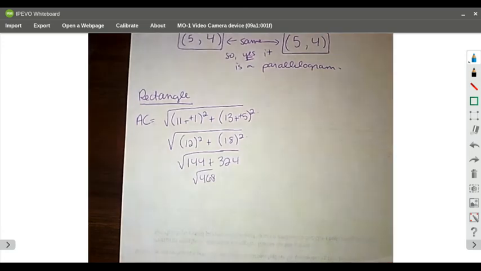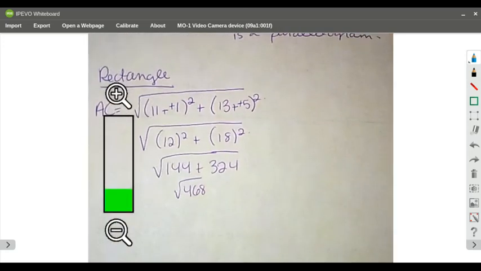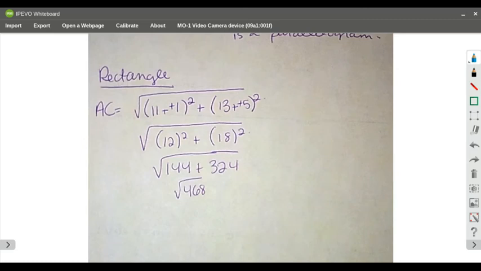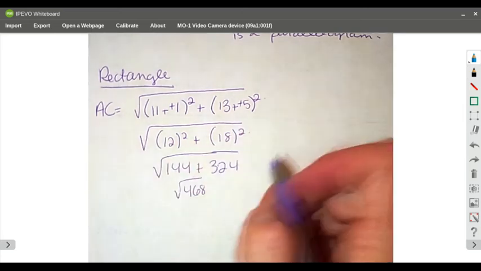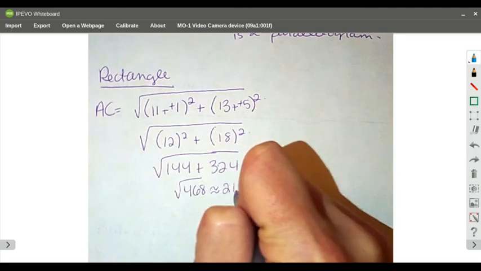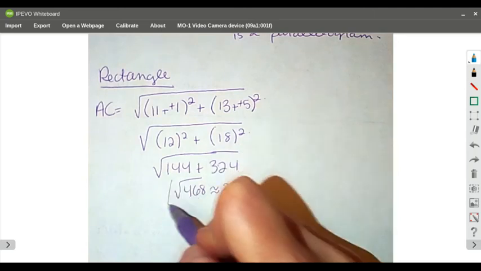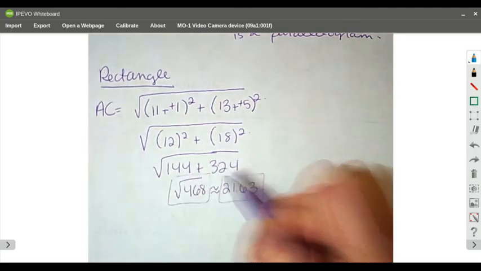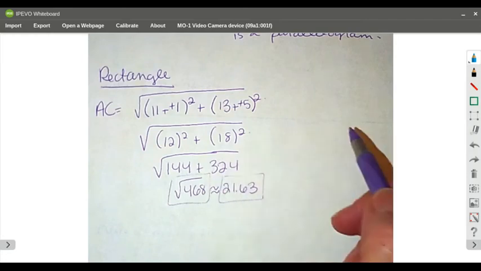I don't even really need to take the square root of 468 if I don't want to, because I'm just comparing it to the other one. So it doesn't really matter what the decimal is, but just in case you care, the square root of 468 is about 21.63. So you can leave it like this, or you can get the decimal. It doesn't matter. We're just going to compare this now to the other one.